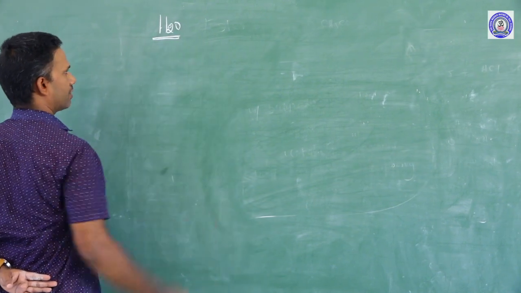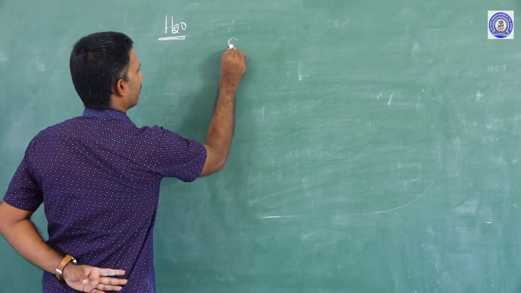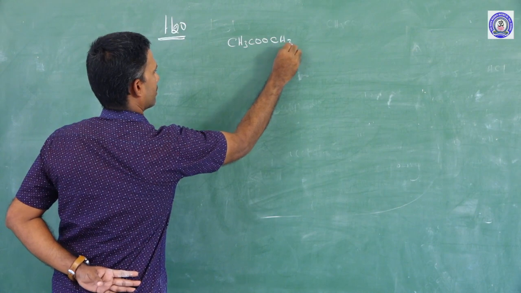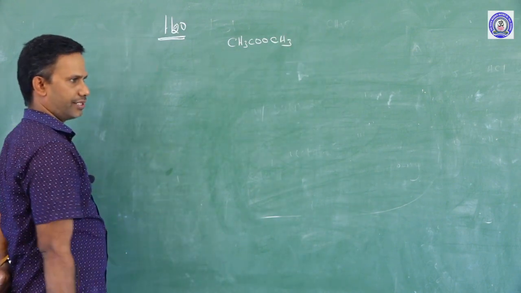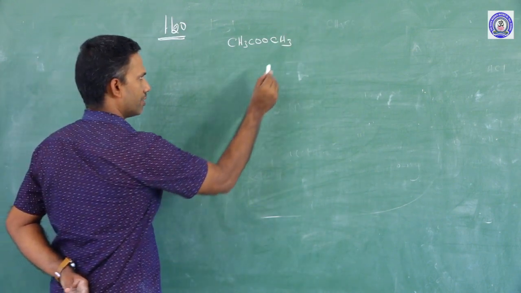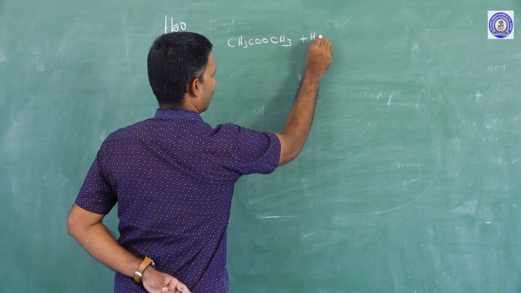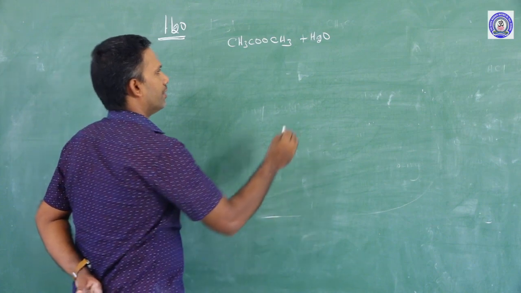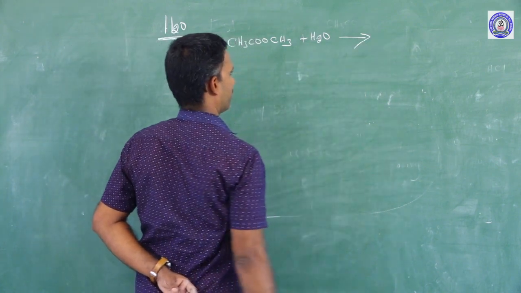Treatment with water is called hydrolysis. If you take the ester like this, what is this? Methyl acetate. Methyl acetate treated with water. What is going to happen? The reverse of esterification takes place.